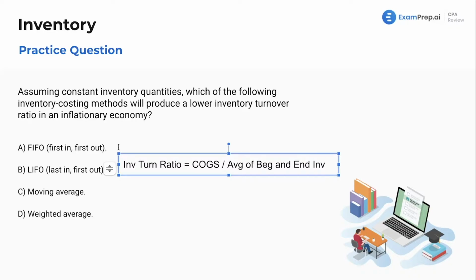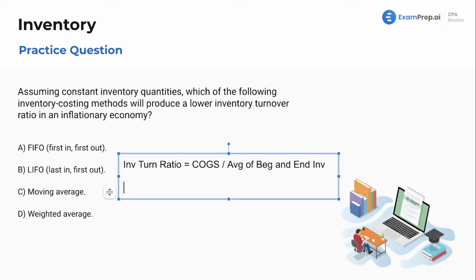So which will produce a lower turnover ratio? Ratios get lowered by the numerator increasing or decreasing and the denominator increasing or decreasing. Now think about what would make that ratio overall decrease. Well, I would say it is going to be an increase in the denominator or a decrease in the numerator, and you can play around with it numerically, right?